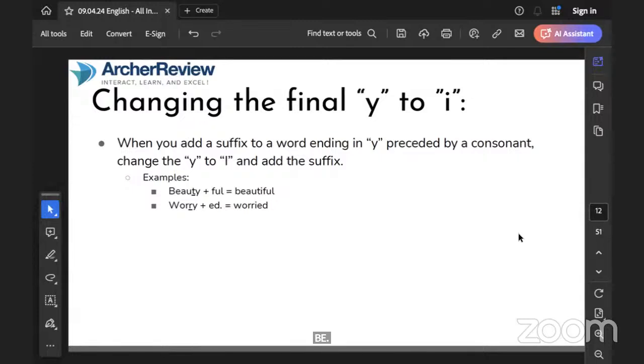Beautiful. Same thing with worry, and then I'm going to add the suffix ed onto the end. Because the Y has the consonant R right in front of it, I'm going to drop my Y, change it to an I, and then just continue adding the suffix ed onto the end of it. So, worried.